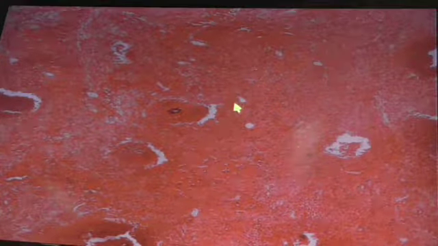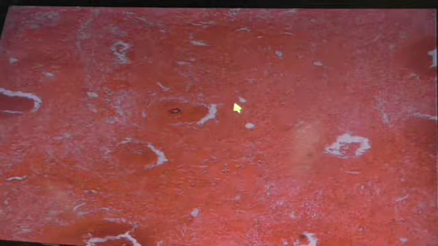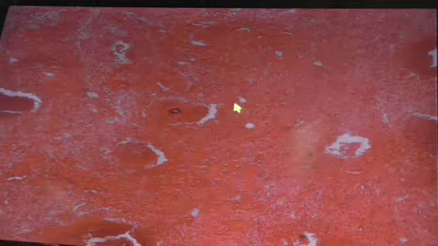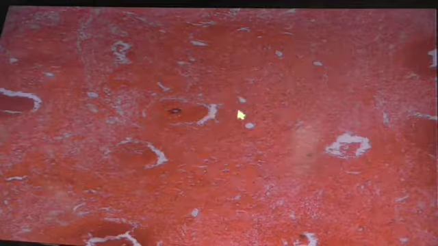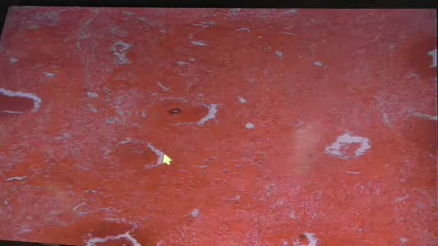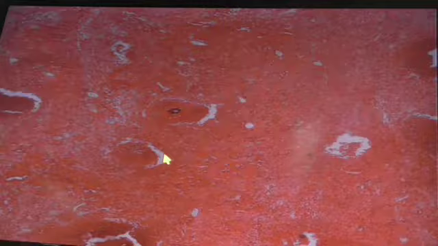Okay, so one other thing. What about these clear spaces around these centralized bacterial colonies there? See that clear space there? What might they represent? They're not artifacts.